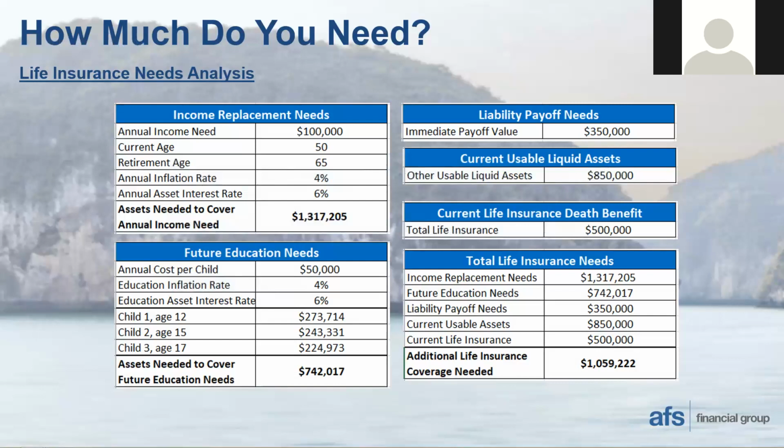And we're not just plucking that 75% out of the air. Your income from work is taxable, so a portion of that goes to Uncle Sam, but life insurance proceeds come in tax-free. That's why you don't necessarily need 100% replacement of your income.